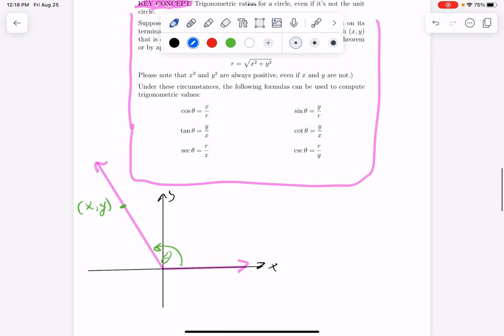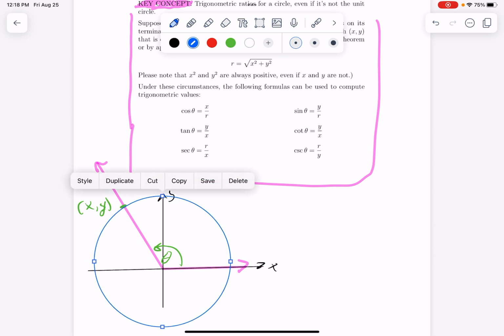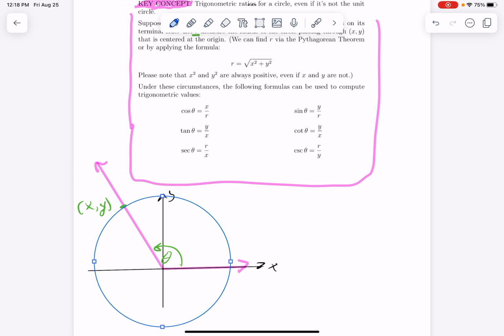R would be the radius of this circle that goes through that point. So R is basically measuring this distance here. R is measuring that distance. If you draw a triangle, that's the hypotenuse of a triangle. Right?